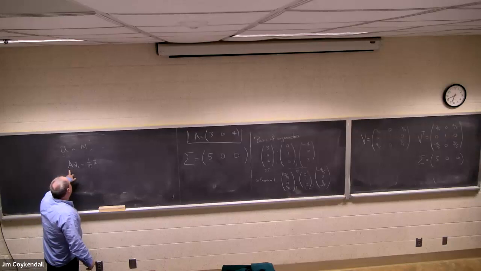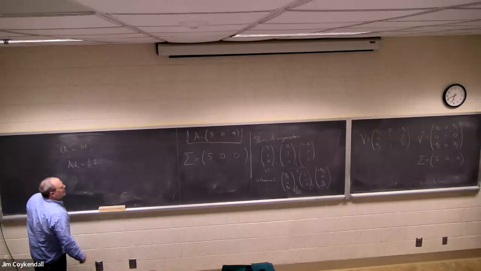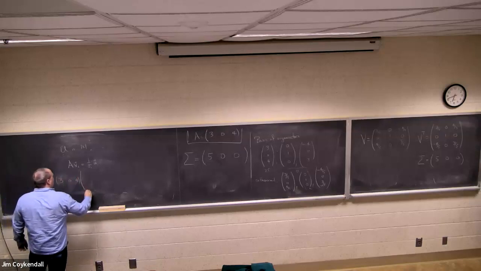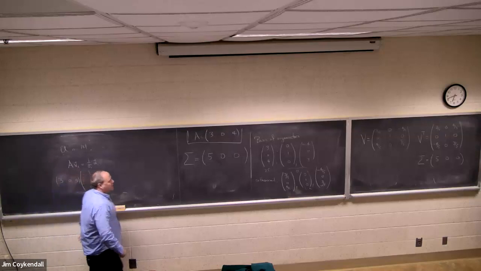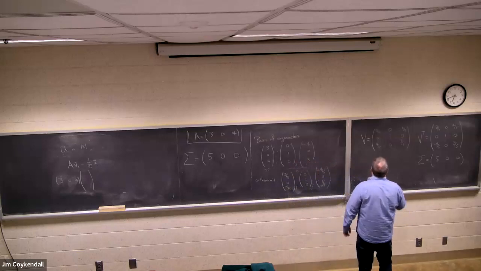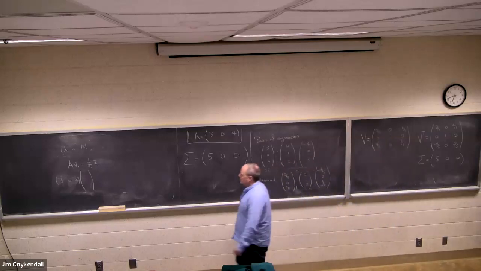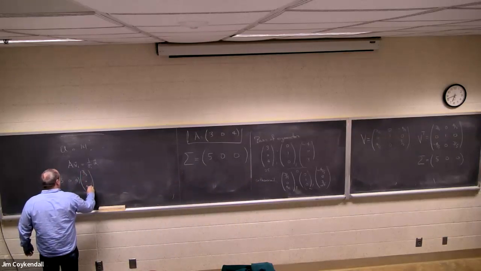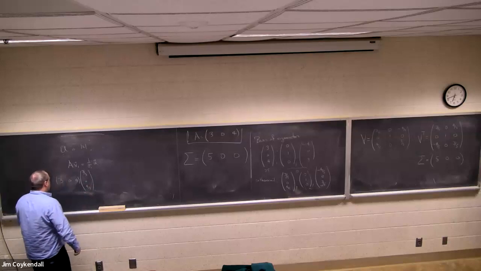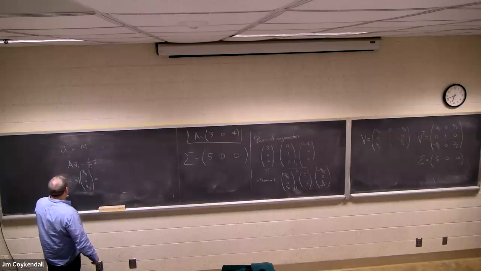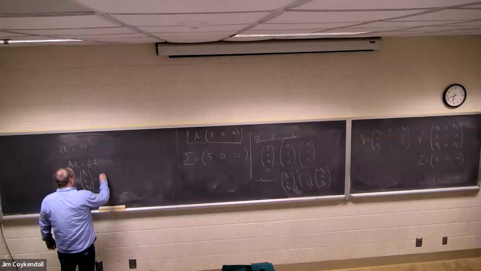In this case the original matrix is 3 0 4. And V1 is 3/5, 0, 4/5. What happens when you get this? This should be 9/5 plus 16/5, it's 25/5, which is 5.